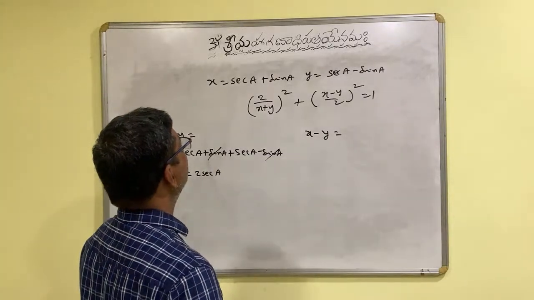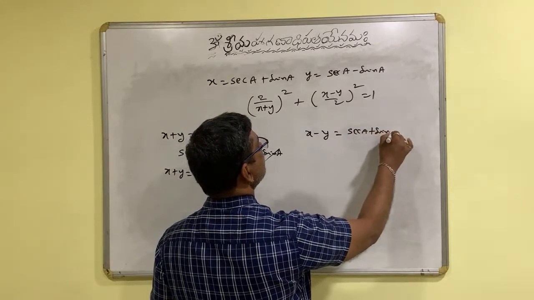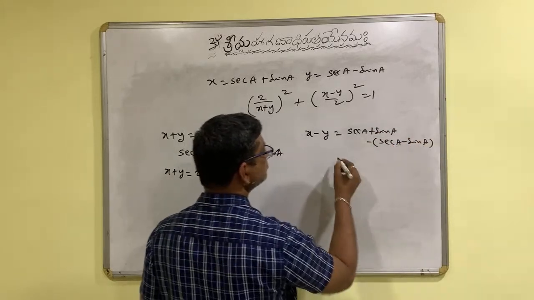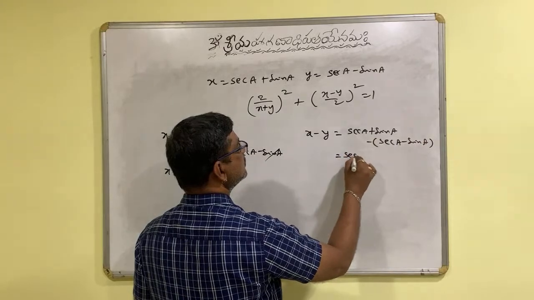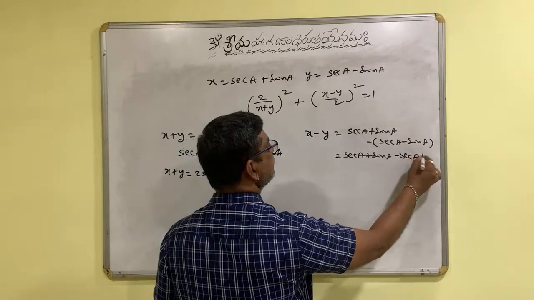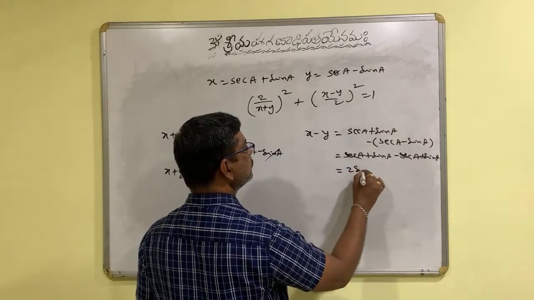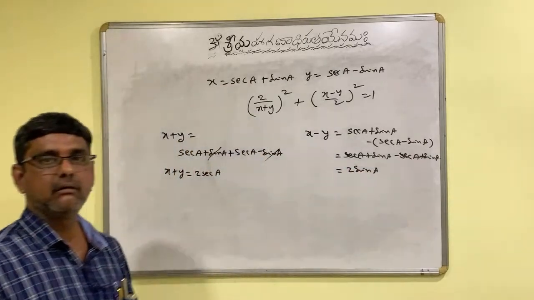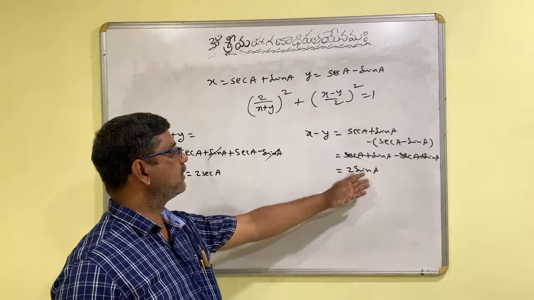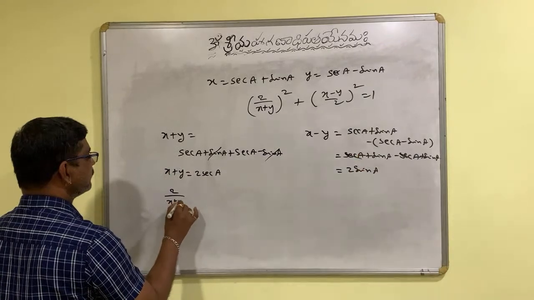Now, what is x minus y? Secant A plus sin A minus secant A minus sin A. Now simplify this. Secant A plus sin A, open the bracket, minus secant A plus sin A. Plus secant A minus secant A get cancelled, I get 2 sin A. So x plus y value I got 2 secant A and x minus y value I got 2 sin A. Now, what is 2 by x plus y?